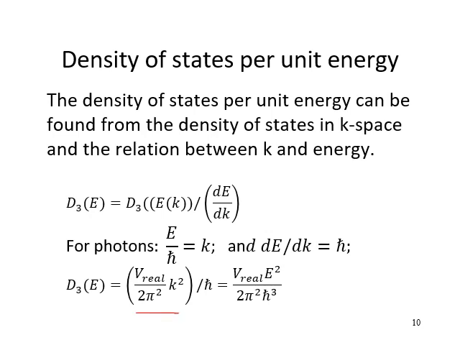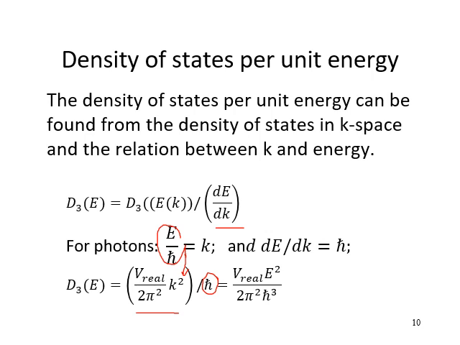Now what I'm going to do is rewrite k squared in terms of energy. I'm going to make a substitution in there. So now I've turned it into a function of energy, and I have to divide by dE/dk, which is just h bar.